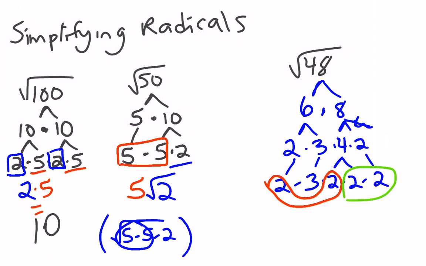So what you do is both of those get brought outside your square root, and then anything left over, which in this case is my 3, is going to stay under the root. Everything in here has to do with multiplying. So 2 times 2 would give me 4 square root of 3.